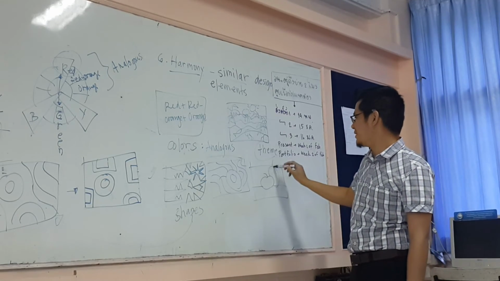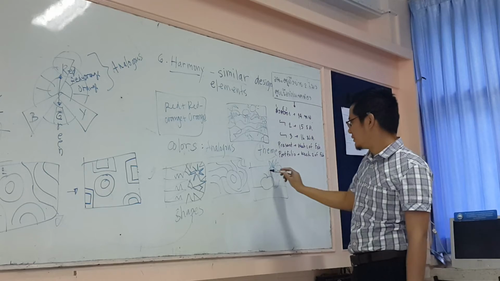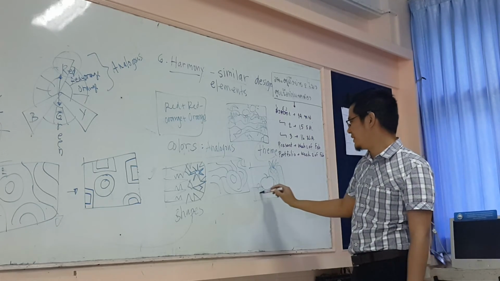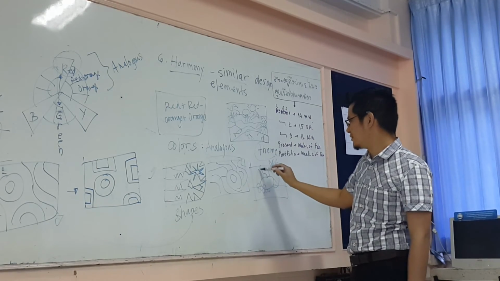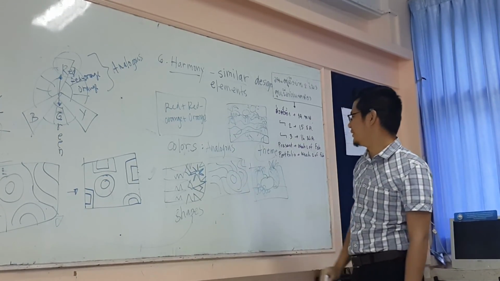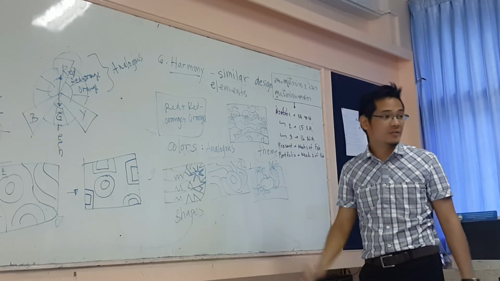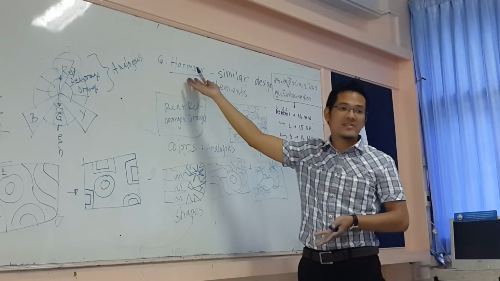So let's say you have pineapple there, apple here, some grapes here, bananas. Does this look like bananas? Alright. So there's our all fruits. So the design creates harmony.